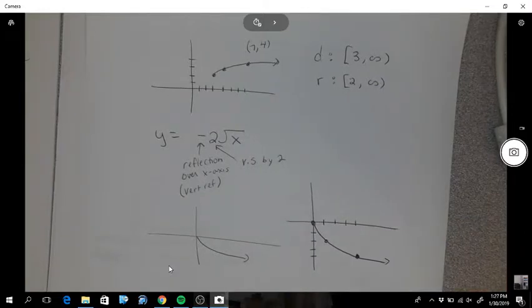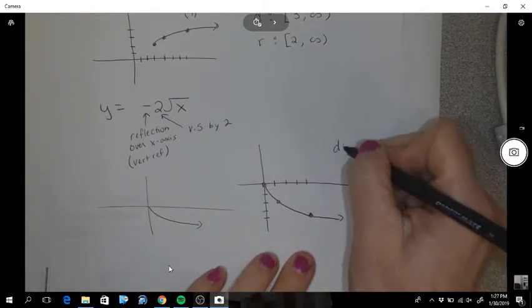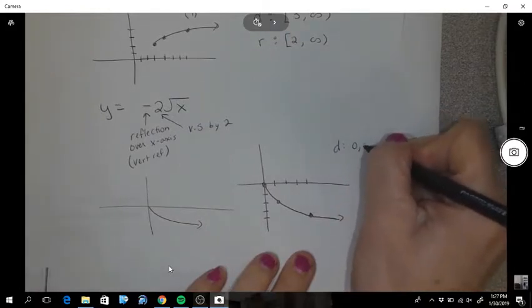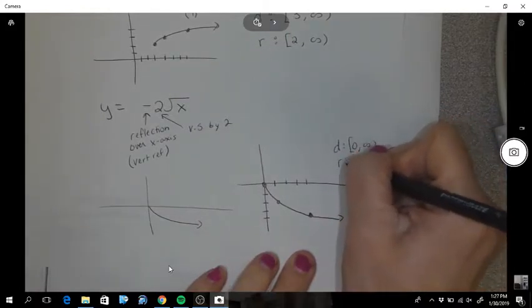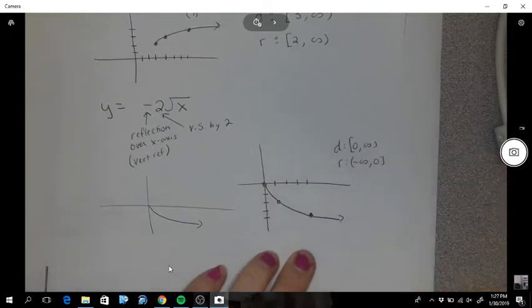Okay, and the domain and range. So the domain, the x values can go from 0 to infinity, and the range can go from -infinity to 0.